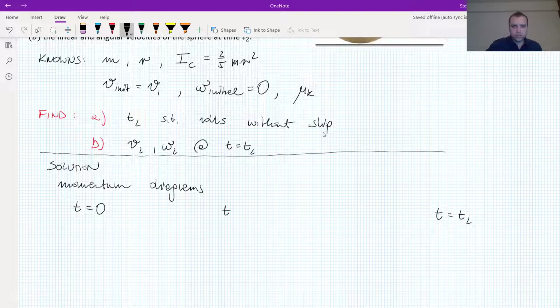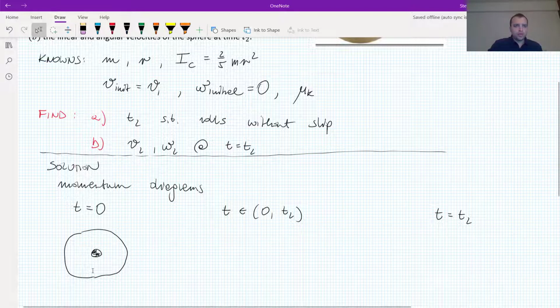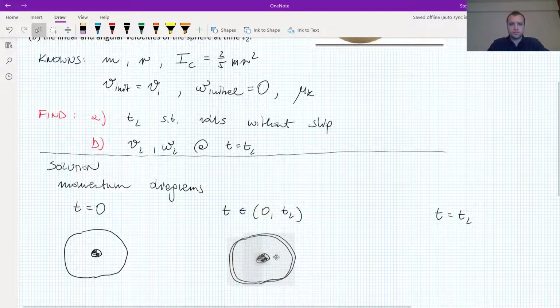And in here I will show what happens between these two time instants. So we will have a sphere in here. This is its center of mass. And I can copy that sphere here and here.